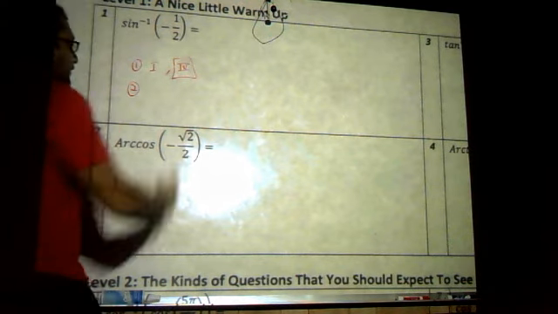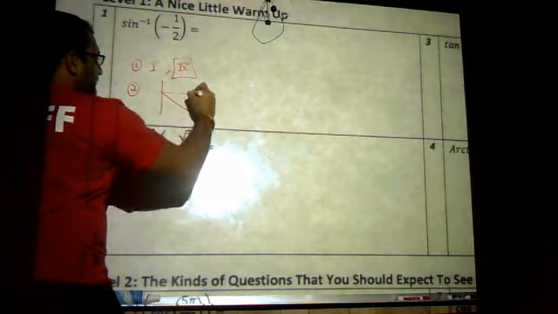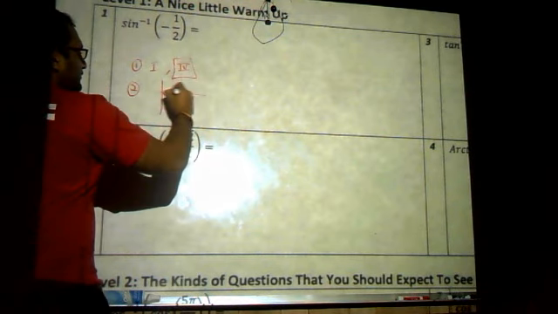Next, you draw your special right triangle. When you draw your triangle in the fourth quadrant, you have some value for theta, that's my angle theta right there.